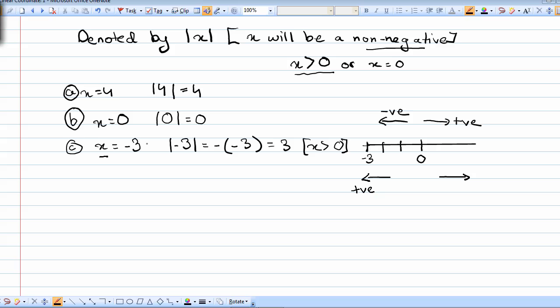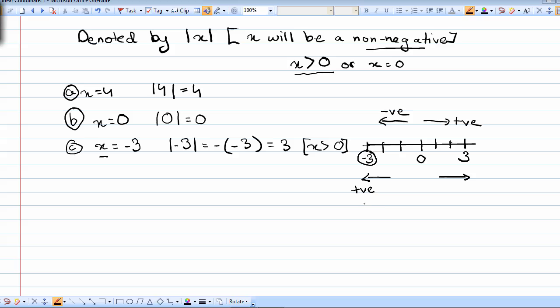Then the opposite number of this -3 will be +3. Or as I've said, if x is a negative number, then minus x is positive.